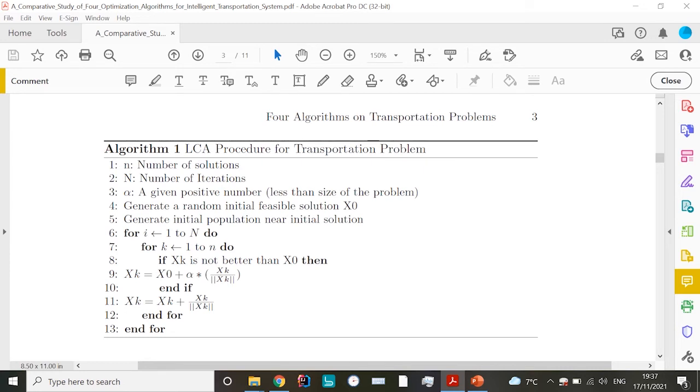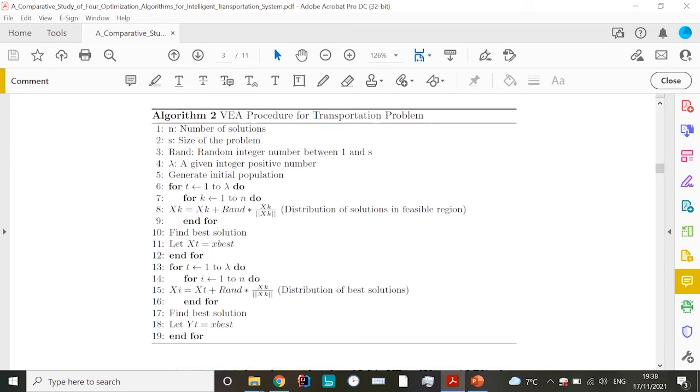We have converted and proposed them for discrete problems. This is a pseudocode of LCA, lane chicken algorithm, for the transportation problem, which has been proposed here. And the next one is a pseudocode of volcano eruption algorithm.